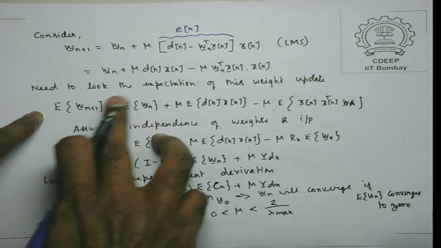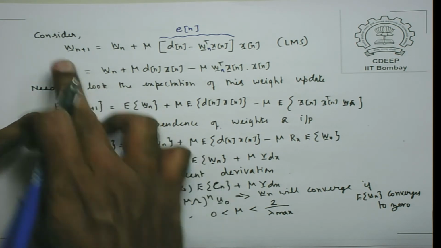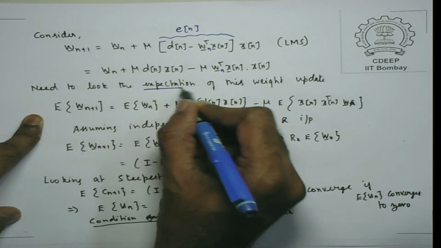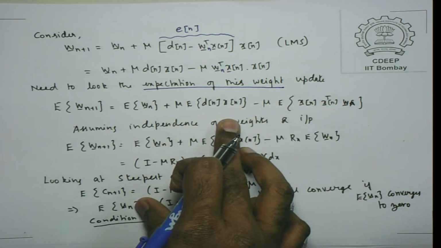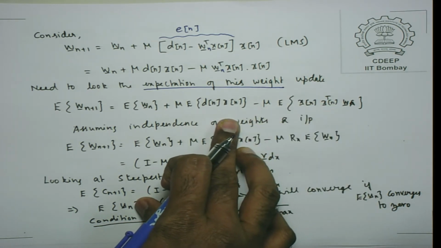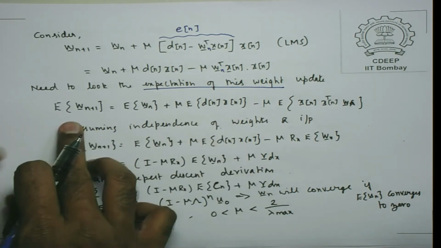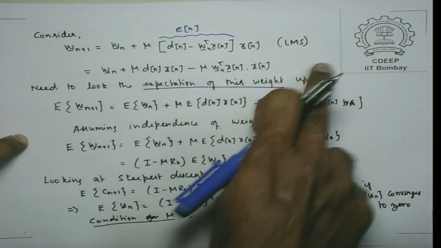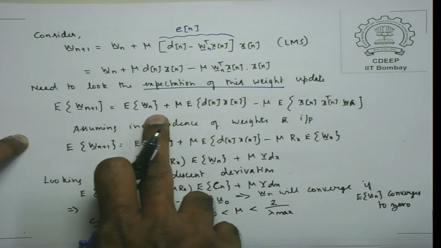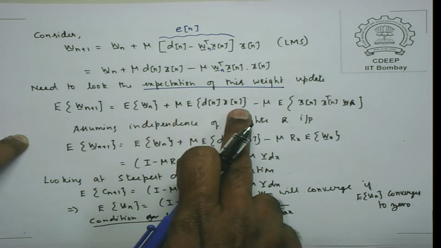So, what do we want? As I mentioned, we need to look at not just the weight, but the expectation of this weight, because every realization will have a different weight update. So, what is this expectation? We just apply the expectation across this equation, which is the expectation over this weight plus mu times the expected value of this.